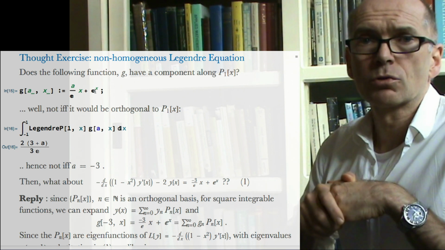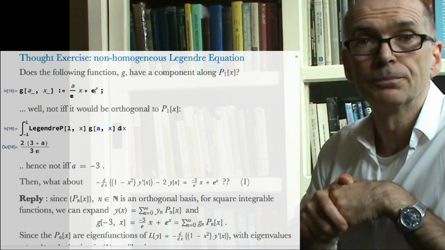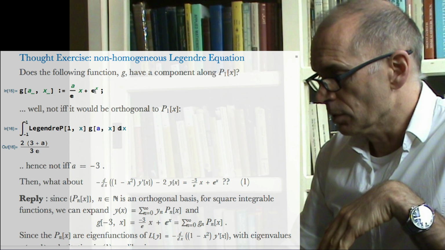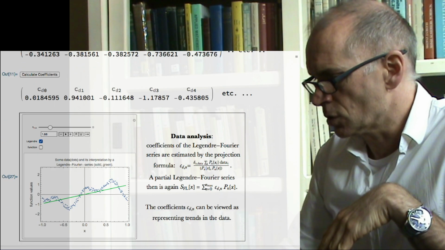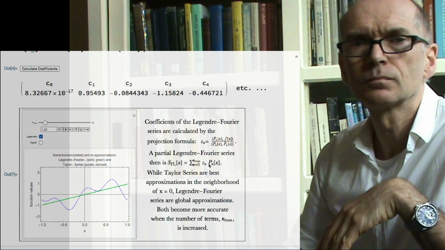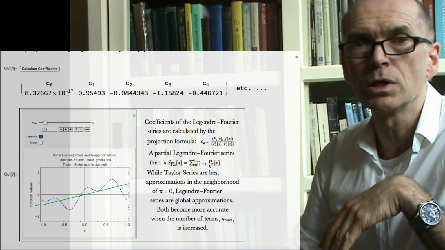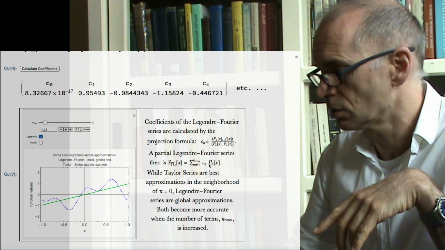The question is, does this function have a component along the first Legendre polynomial? That would mean, if I would expand that function, would this coefficient here be 0, yes or no? That is what it means. Does it have a component in that direction? What is that coefficient, yes or no?